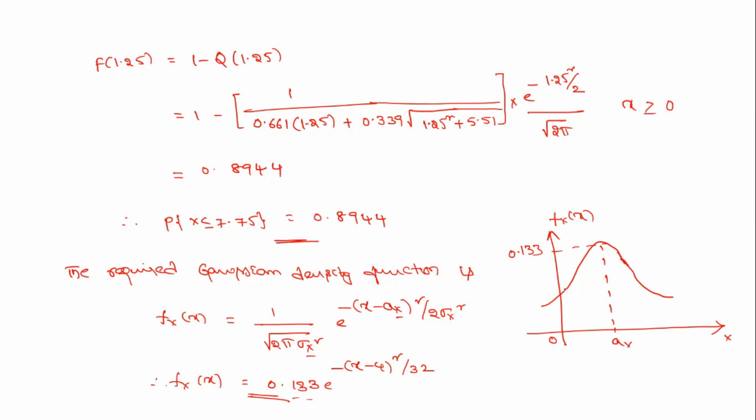The points are aX minus sigma X and aX plus sigma X, that is 1 and 7, and the value there is going to be 0.0685. So this is the graph representation they asked us to draw in the problem.